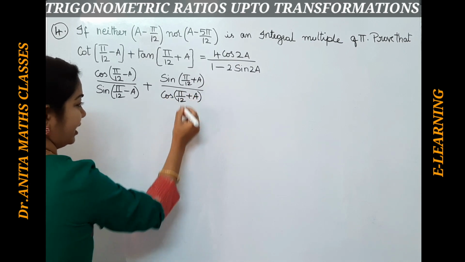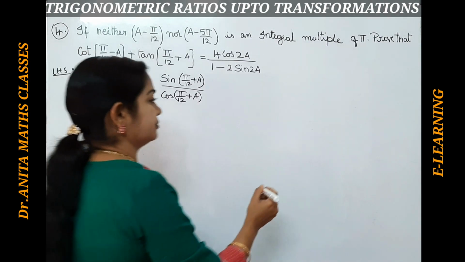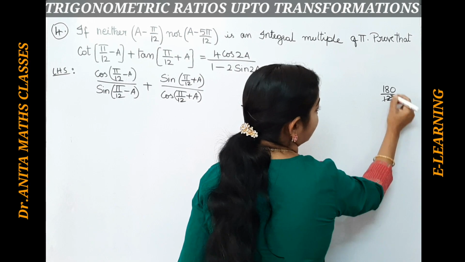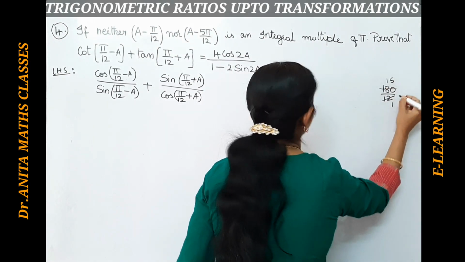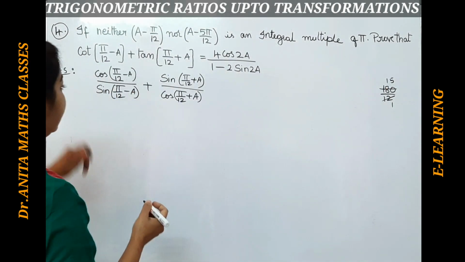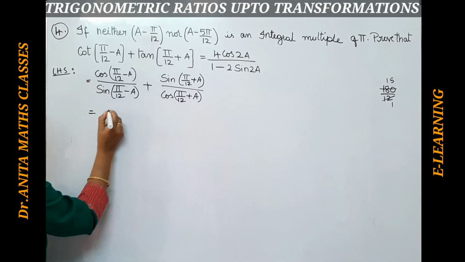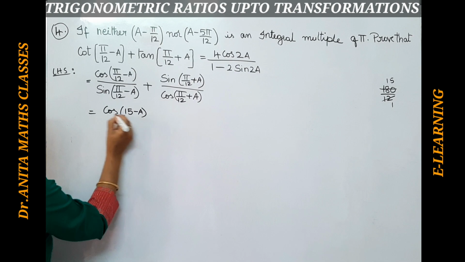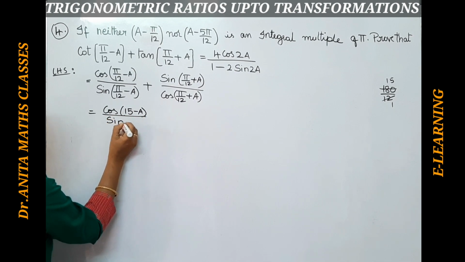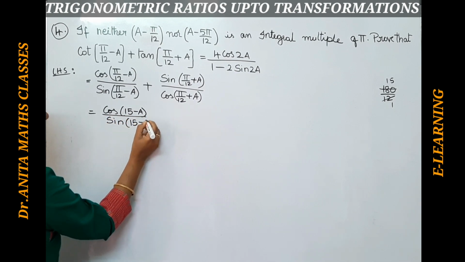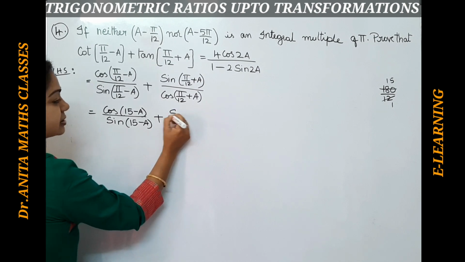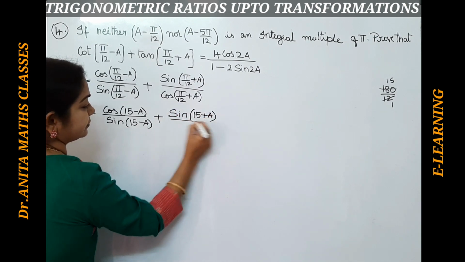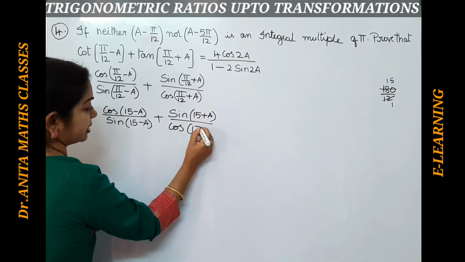Pi by 12 is 180 by 12, so that comes to 15. So this is equal to cos(15 minus a) by sin(15 minus a) plus sin(15 plus a) by cos(15 plus a).